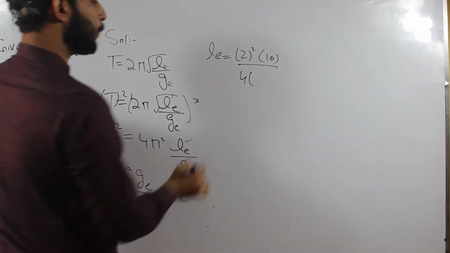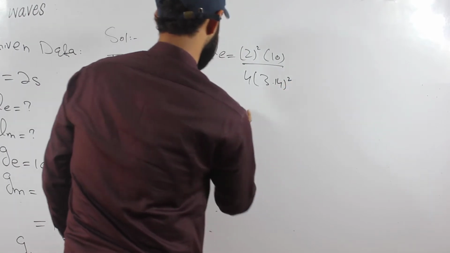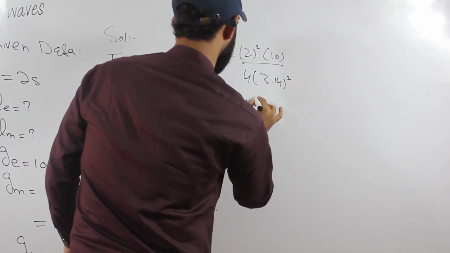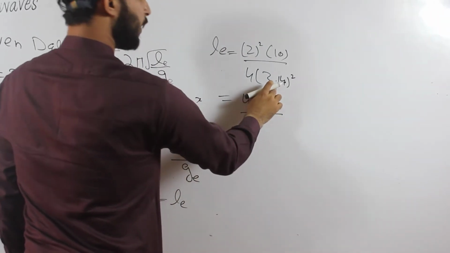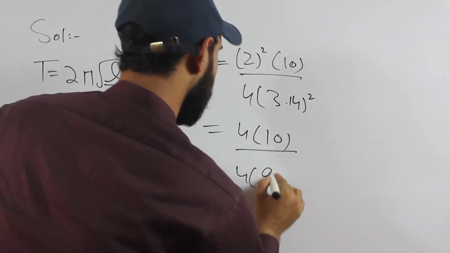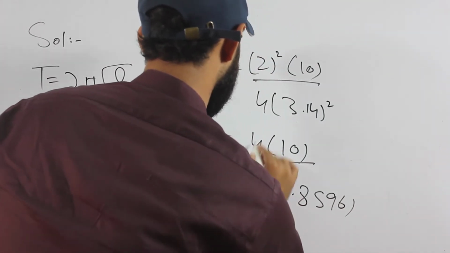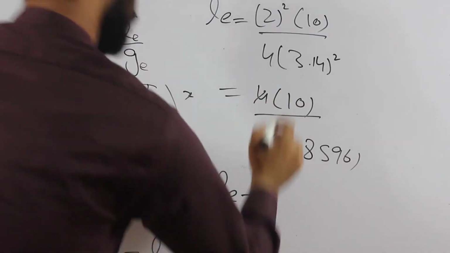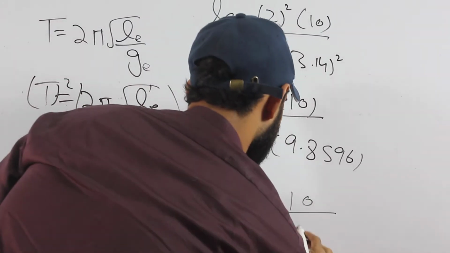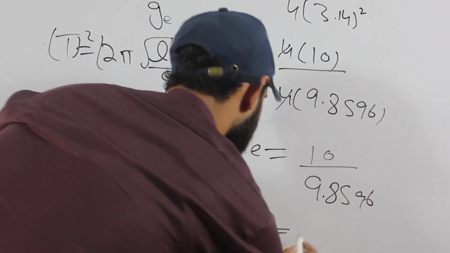You know that the value of pi is 3.14, and it is squared. So 2 square is 4, and 4 cancels with 4, and the square of 3.14 is 9.8596. So we cancel out these two, and now we get 10 over 9.8596.